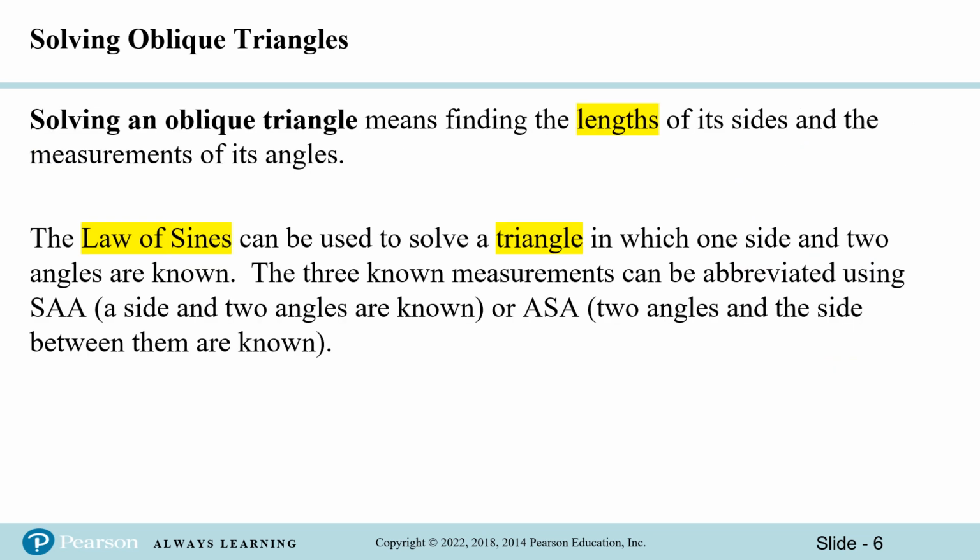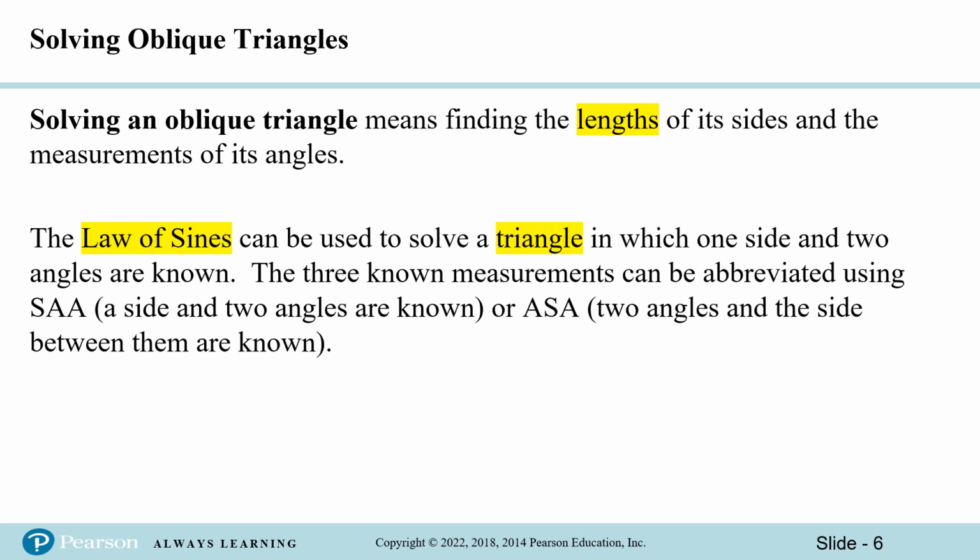When we solve an oblique triangle, it means find the lengths of any missing sides and the measurements of any missing angles. We can use the law of sines confidently in 2 different cases, and then we can also use it for a third case.